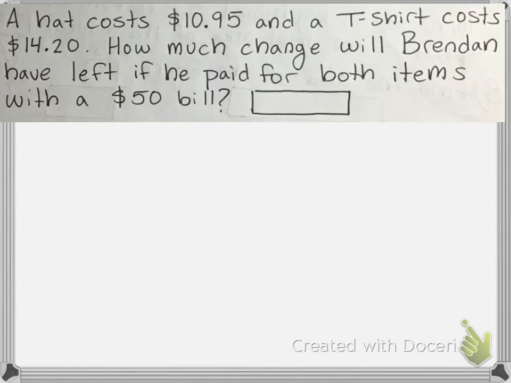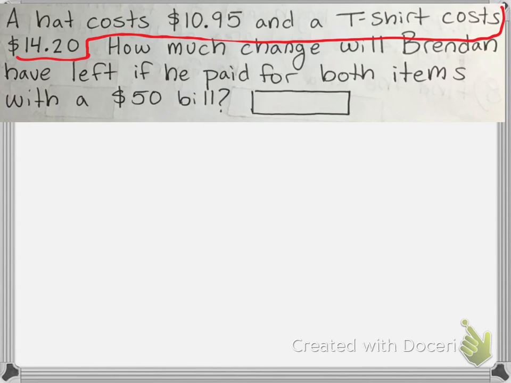Excellent. A hat costs $10.95, and a t-shirt costs $14.20. How much change will Brendan have left if he paid for both items with a $50 bill? I want to focus on this first sentence. Who can tell me what operation I'm going to be doing here?